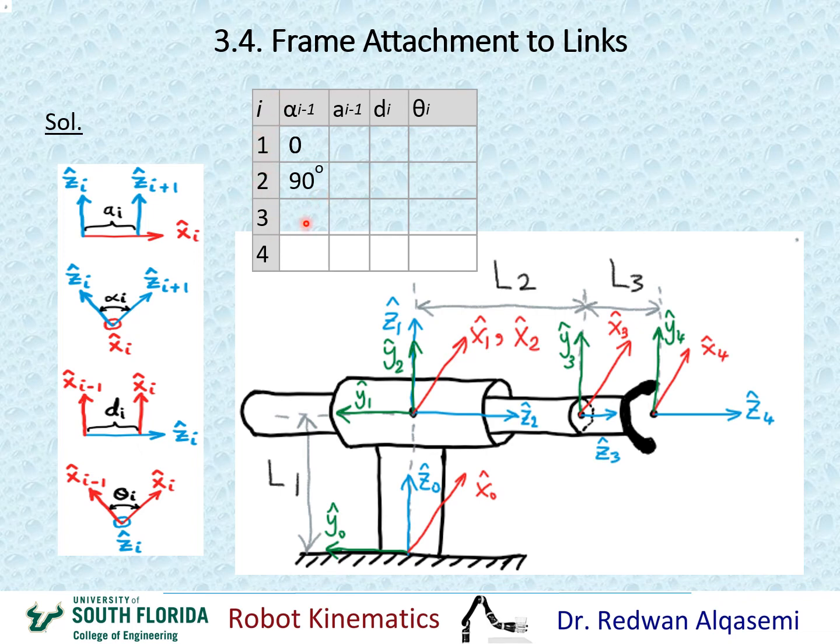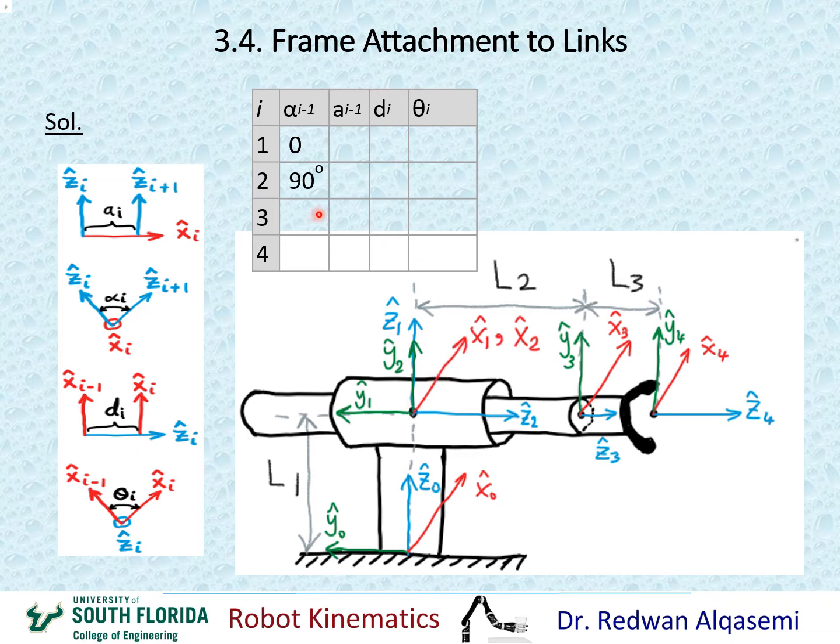Now when i equals 3, I'll be looking at alpha i minus 1, which is alpha 2. For alpha 2, I should be looking at z2 and z3 about x2. So z2 is right here, and z3 is right here, and I'm looking at the angle between them about x2, which is right here. Obviously z2 and z3 are the same line, so the angle between them about x2 would be 0.